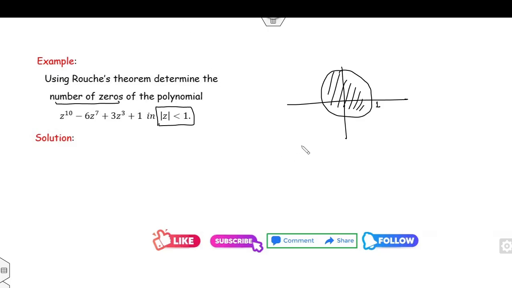Another thing to always remember: the Rouche theorem always calculates the number of zeros, but only within the circle, only within the domain, not on the boundary.